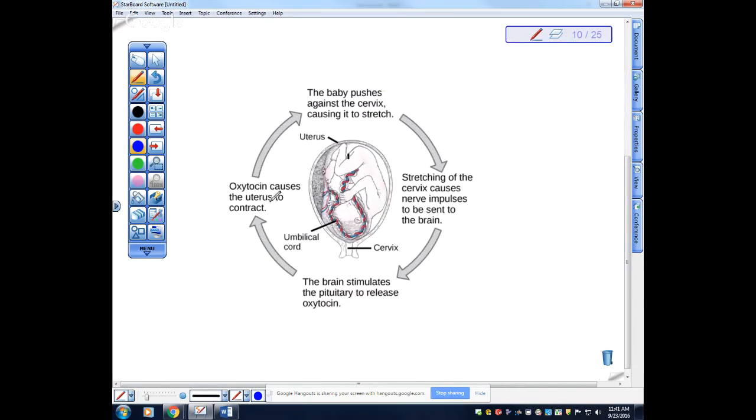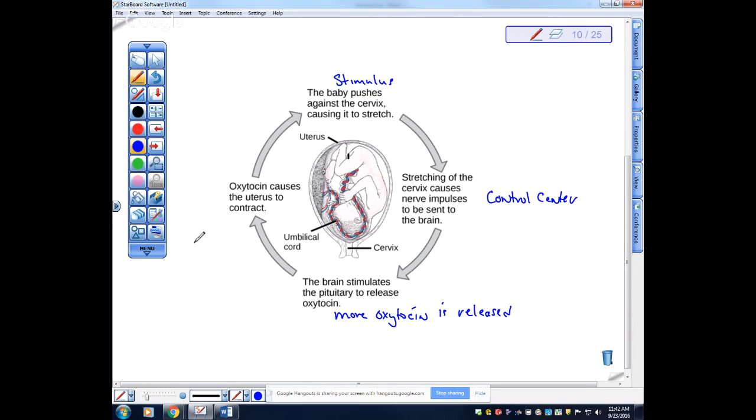So oxytocin causes the uterus to contract. This is the stimulus, is the head, right? The control center is the brain. The response is that more oxytocin is released, which is a hormone that causes the uterus to contract, right?